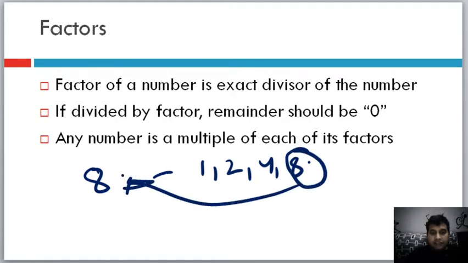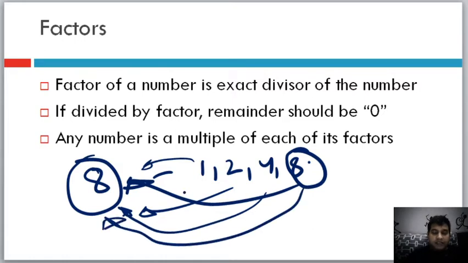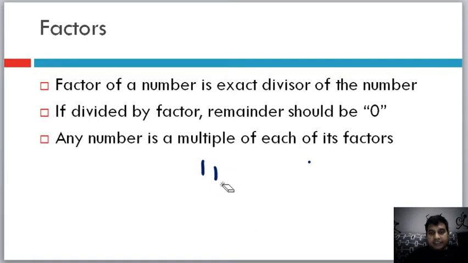And we also just learned that for each of its factors, the number is the multiple. So 8 is a multiple of 1, 8 is a multiple of 2, 8 is a multiple of 4, and 8 is also a multiple of 8. So what did we learn is that every number is its own factor and is its own multiple.